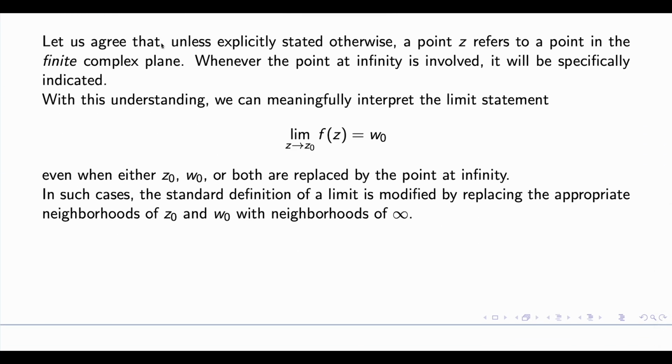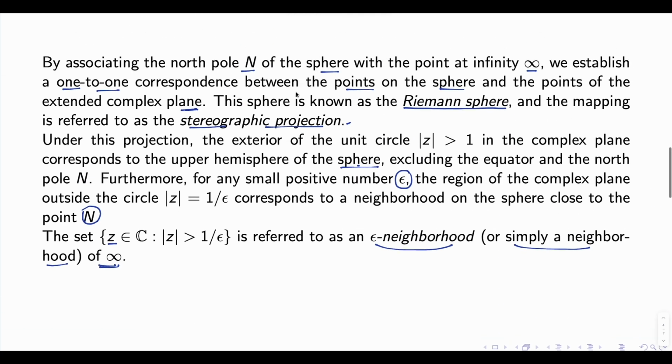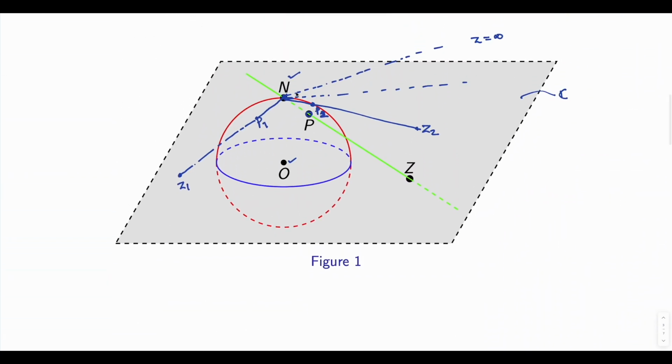So let us agree that unless explicitly stated otherwise, a point z refers to a point in the finite complex plane, whereas when the point at infinity is involved, it will be specifically indicated. So only the north pole is going to map to infinity.